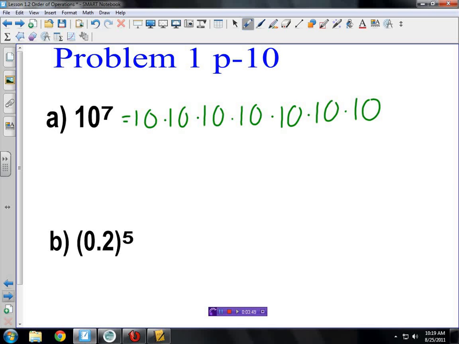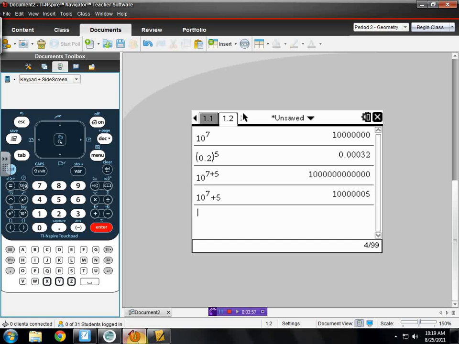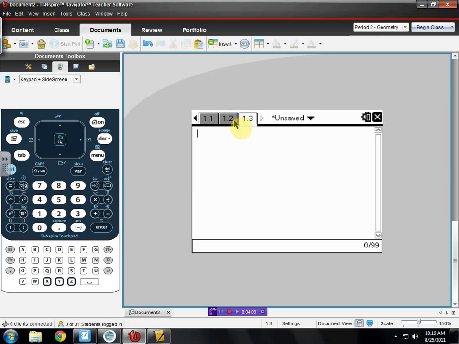All right, so we could do this by hand and everything, or we could use calculators, right? So if we get our calculators up here, and I'm going to get a new, let's see if I can get a new page. There we go. All right, so to do this, we're going to need to do 10 to the 7th.